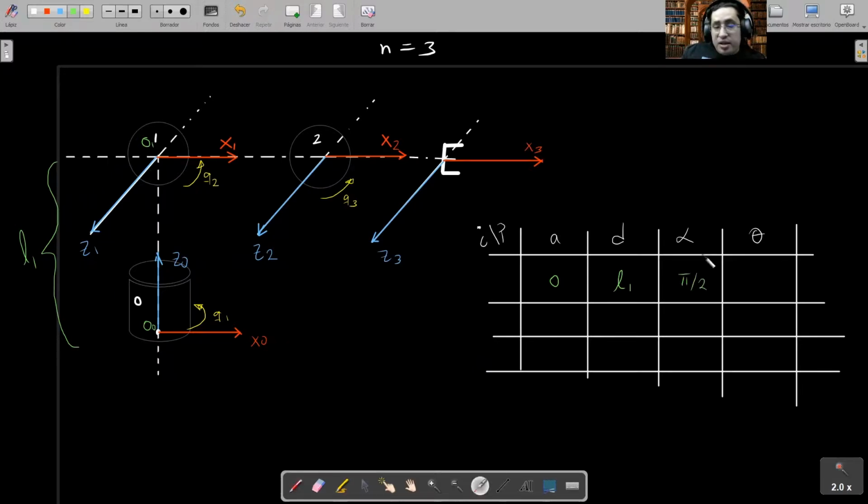Okay, and finally, we need the angle we are required to rotate about theta 0 such that X1 and X0 are aligned. And of course, the angle seems to be 0, but we have here that Q1 is a variable, then the robot is usually this. We have the cylinder here.